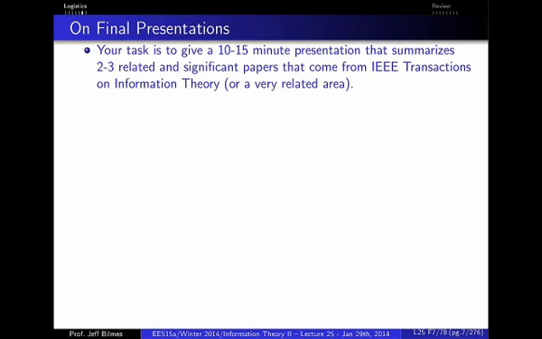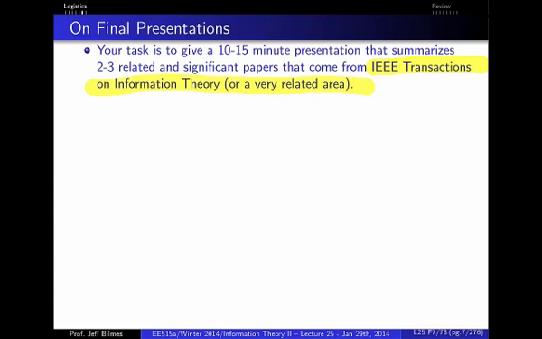Okay, so you will be giving a 10 to 15 minute presentation that summarizes 2 to 3 related and significant papers that come from Transactions on Information Theory. This is sort of the main journal. In the past, people have chosen papers out of this journal, but since this is an information theory class, you should try to have at least 1 or 2 papers from this journal.